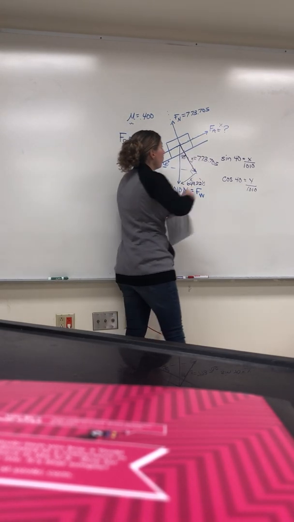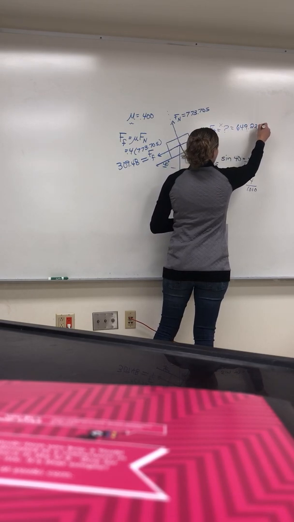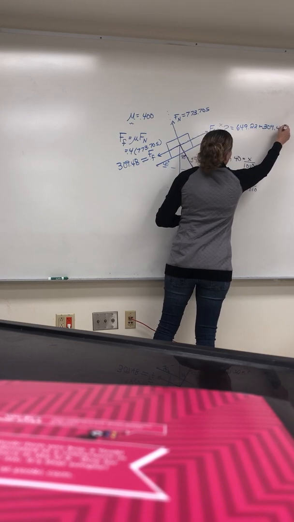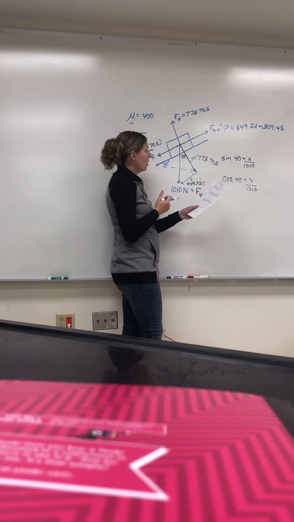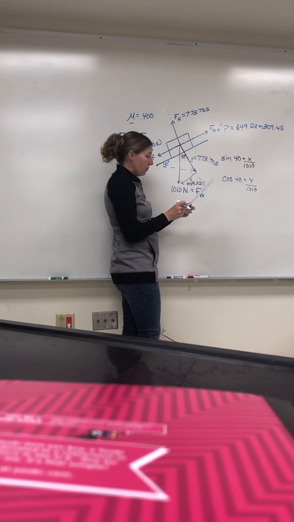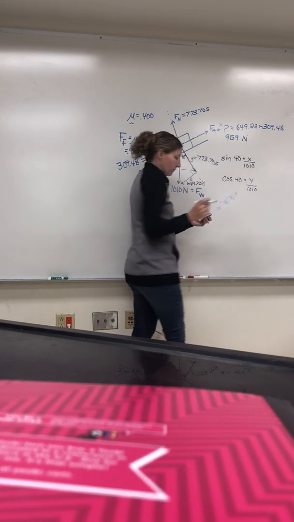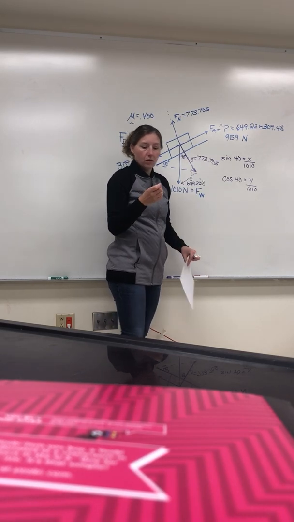So my pull up the ramp needs to add those two up, and I get a net force of 0, but an applied force up the ramp of 959. That's good.